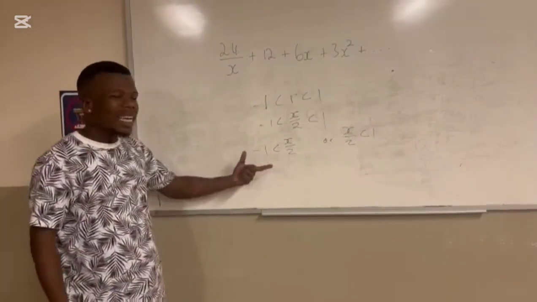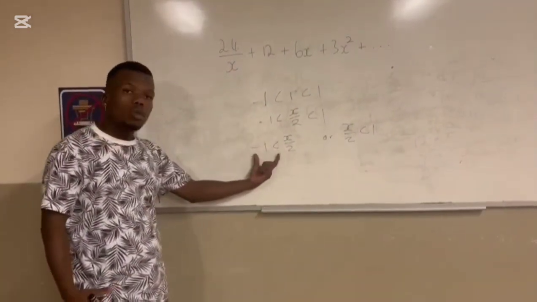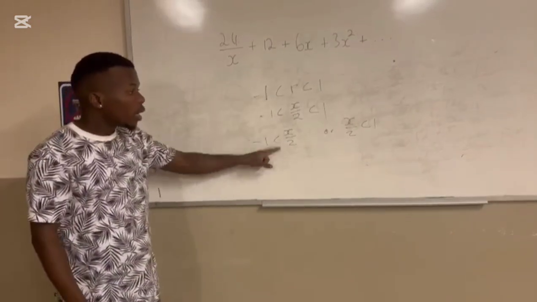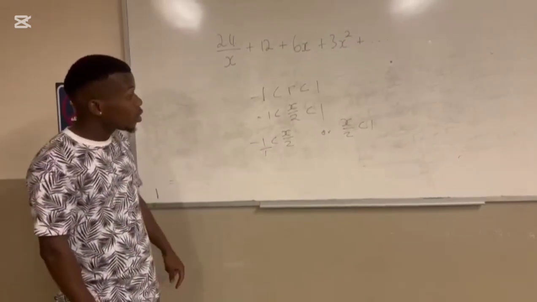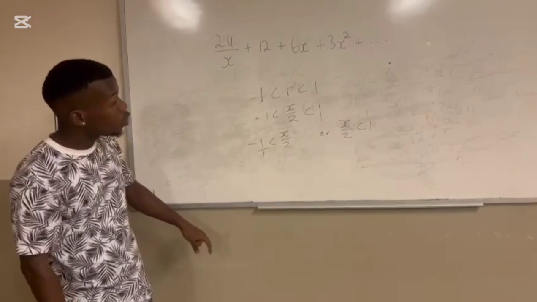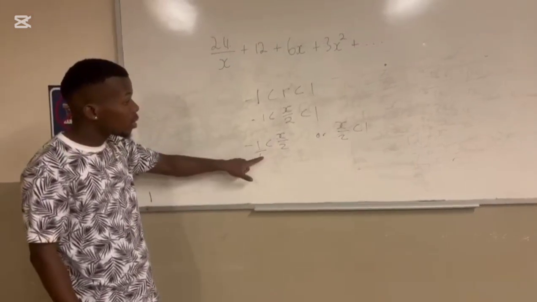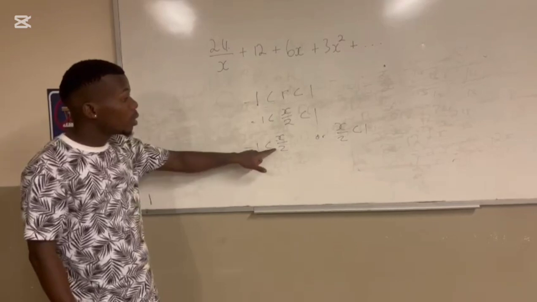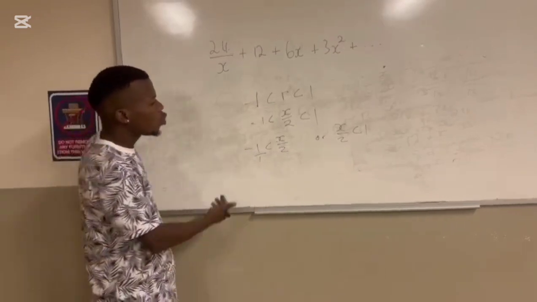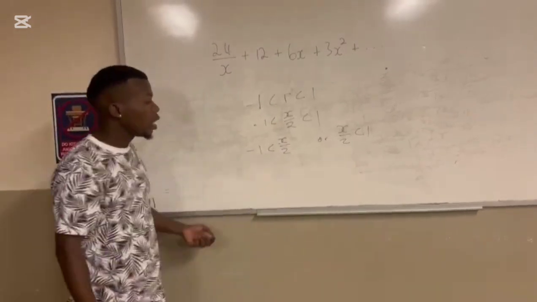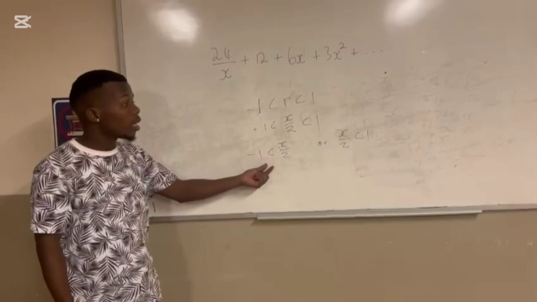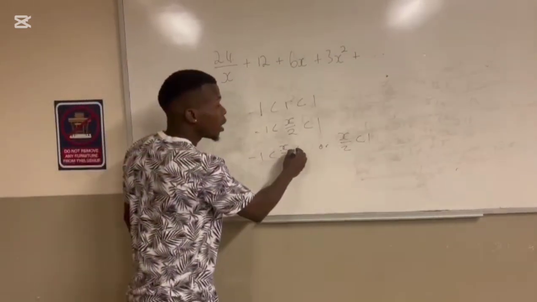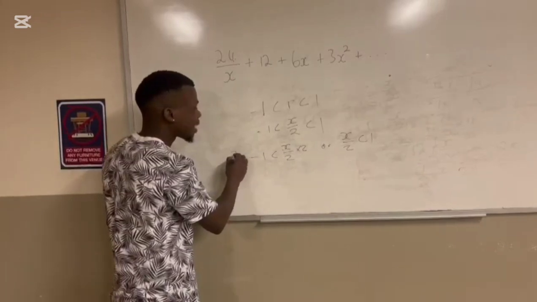Let's make x the subject of the formula. If you don't want to cross multiply, when you have negative 1 is less than x divided by 2, you can multiply by 2 both sides.